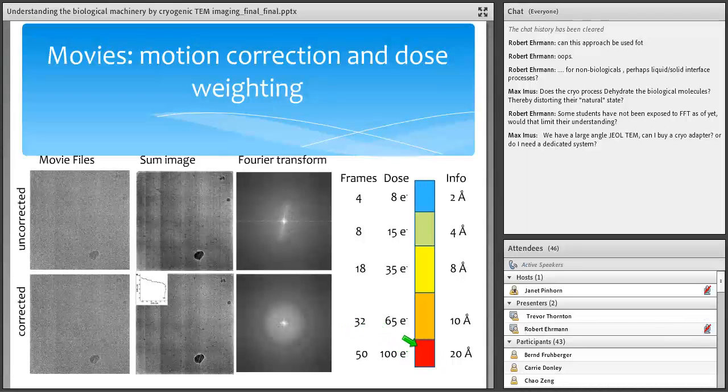And so now we could take that movie and just take the first 4 frames and be able to preserve the 2 angstrom information. But we can use all that to, one, pick the particles and align them and get them in a fairly good registration, and then slowly remove the material that is burnt until we're left with only the very high resolution information in the reconstruction.